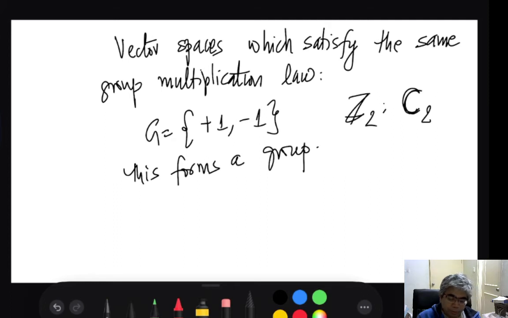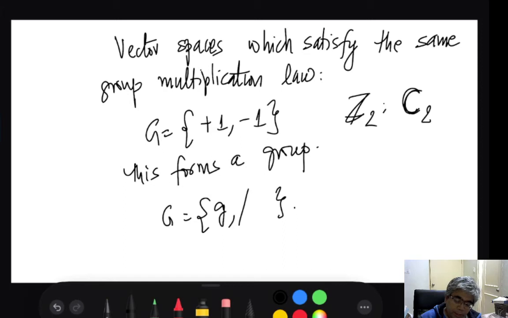Now, to be more accurate, let me call it this way: if you have a group G with elements g, which satisfy the group axioms, then D of g is a representation of the group.